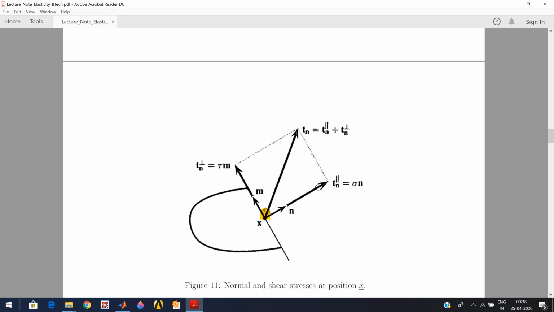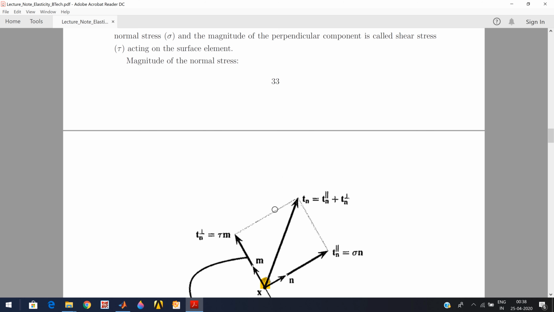The component which is along the normal will be called the normal stress, and the component along the tangential direction will be called the shear stress.